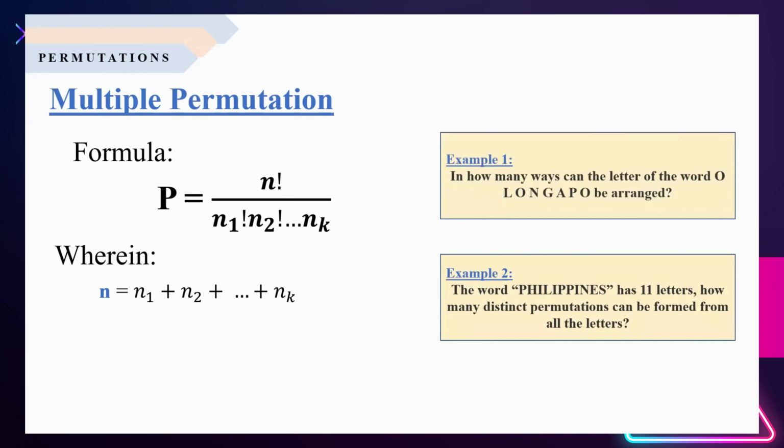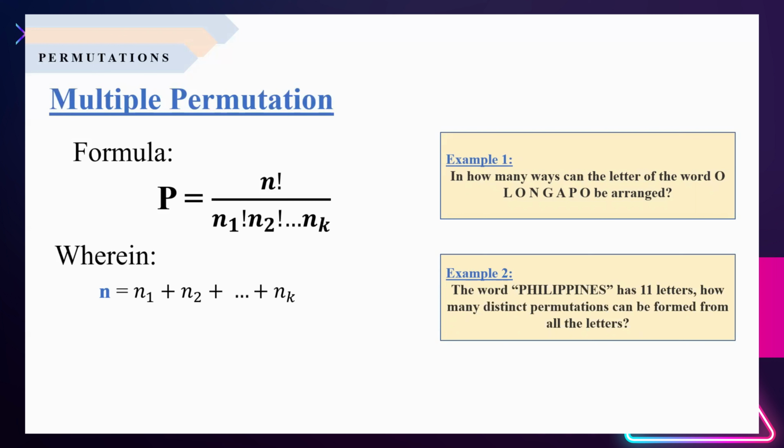How many distinct permutations can be formed from all the letters? So another example is yung ating 11 letters from the Philippines, and then we're going to identify the possible arrangement of the letters. So using the multiple permutation formula, masasolve natin ang example number 1 at example number 2.